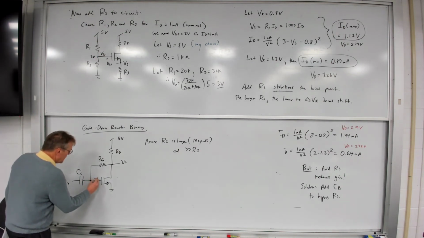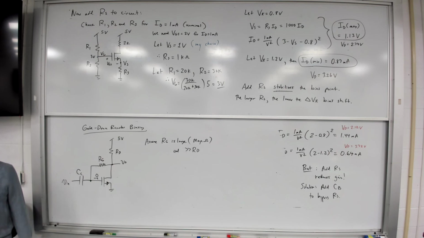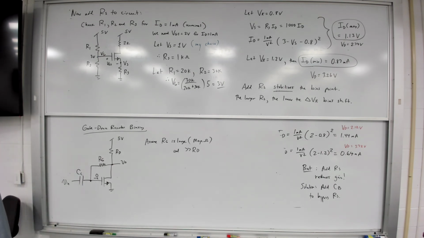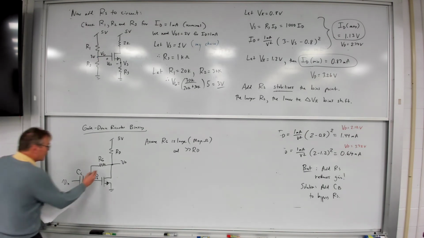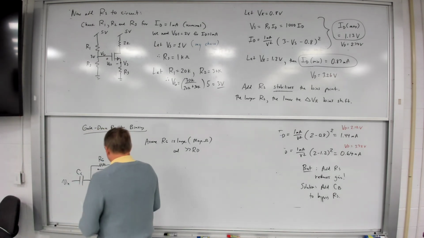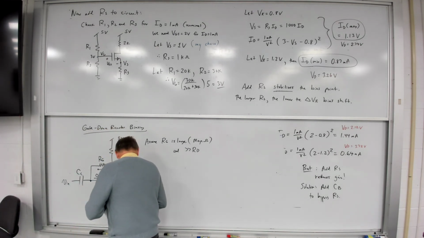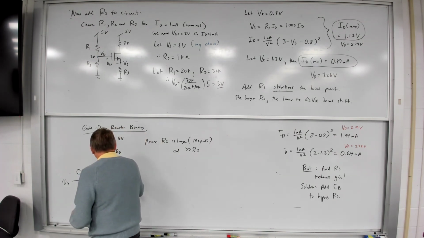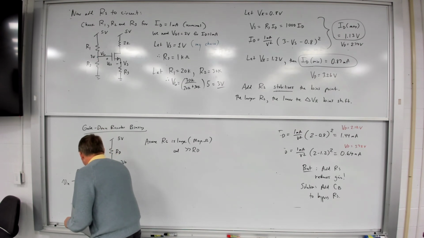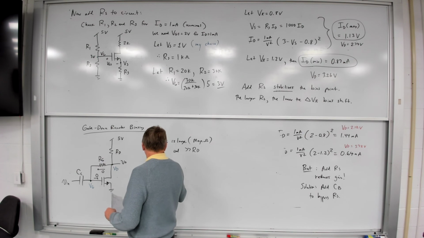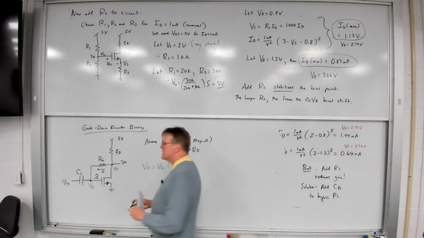What's the current into the gate? 0. What's the current through RG? 0, yeah. So RG may be big, but the current is equal to 0. And so therefore VD, the DC voltage at the drain, is equal to VG for our DC bias point.